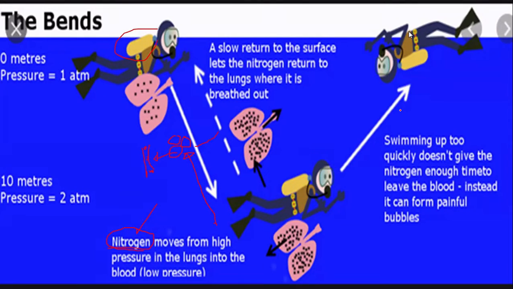Swimming up too quickly doesn't give the nitrogen enough time to leave the blood. Instead, it can form painful bubbles, producing the bends. It's self-explanatory. If the bubbles go to the capillary system, they can go to the brain and you will have strokes, or to the heart and you'll have myocardial infarction, or chest pain.